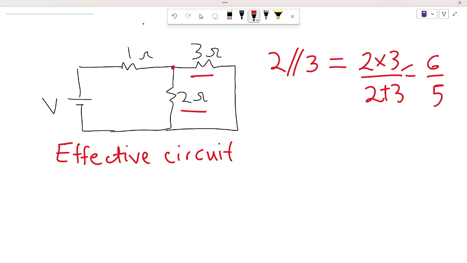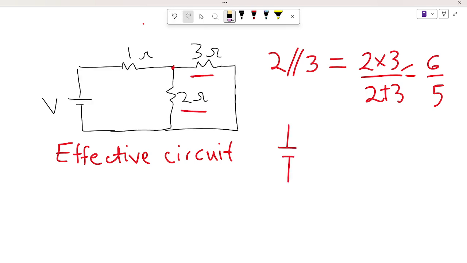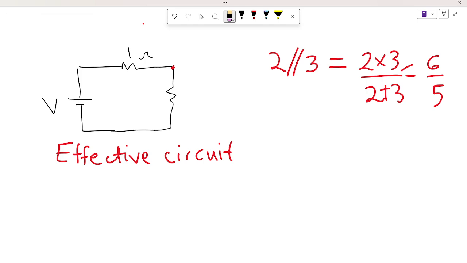and that's going to give us 6 over 5. Okay, so now our circuit has been reduced to this. This is going to be our new circuit. So now that part will be reduced to 6 over 5.